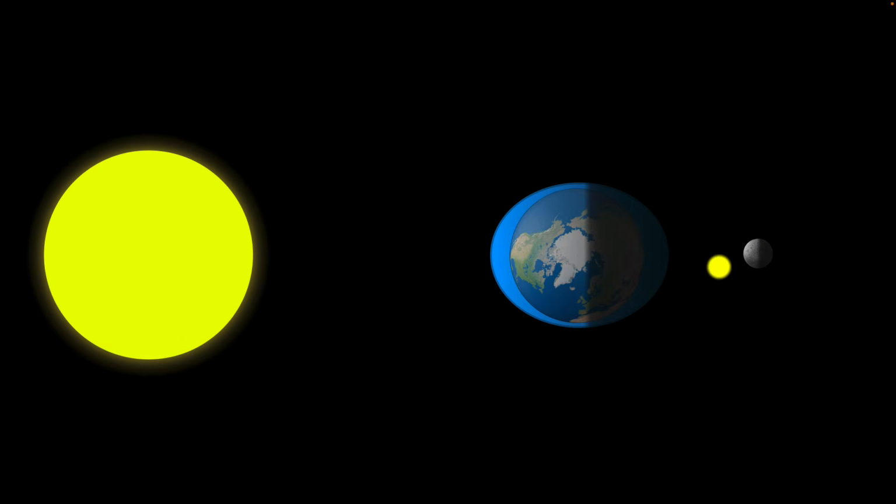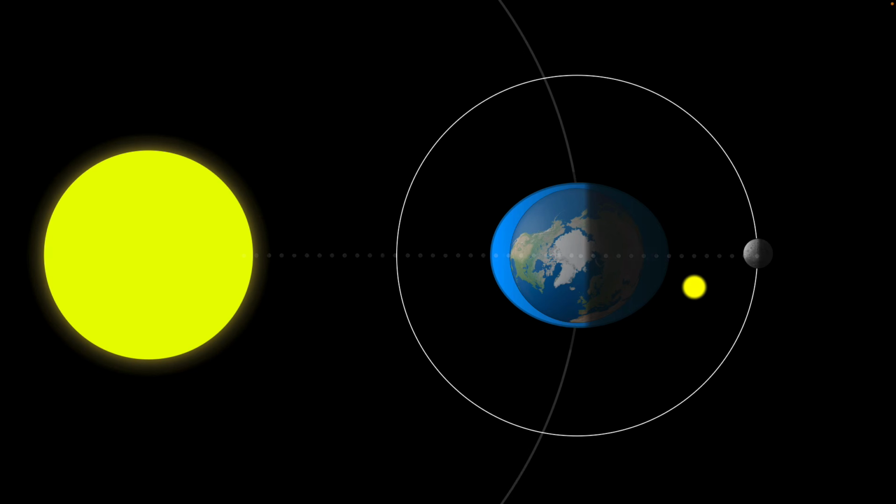So because the sun is so far away, its tidal force on the Earth is much weaker compared to the moon. That's why the tides on Earth are mostly driven by the moon. But when the sun, Earth, and the moon are in a straight line like this, the sun's tidal effects add to the moon's.